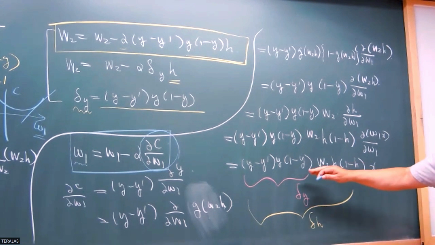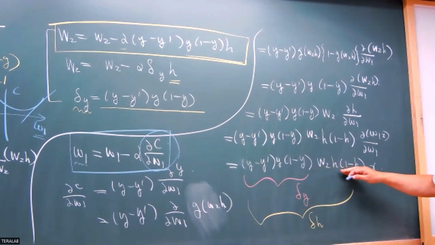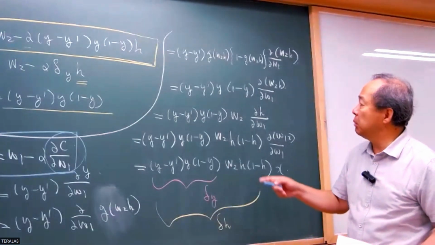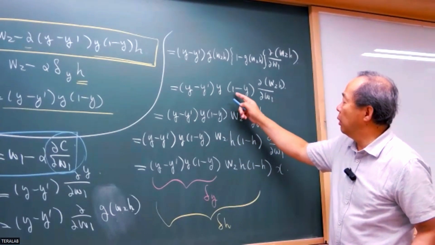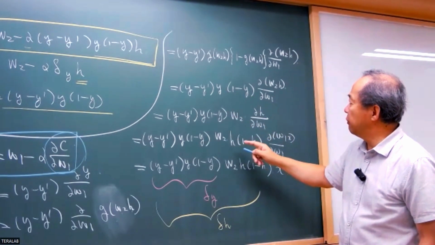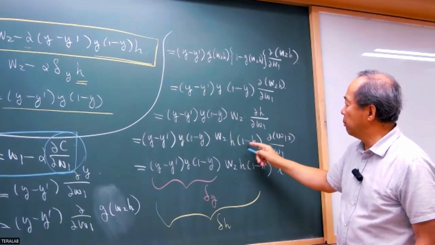The simplicity of these equations was achieved because we are assuming the sigmoid function. The derivative of the sigmoid function y is just y(1 minus y). The derivative of the sigmoid function h is h(1 minus h).